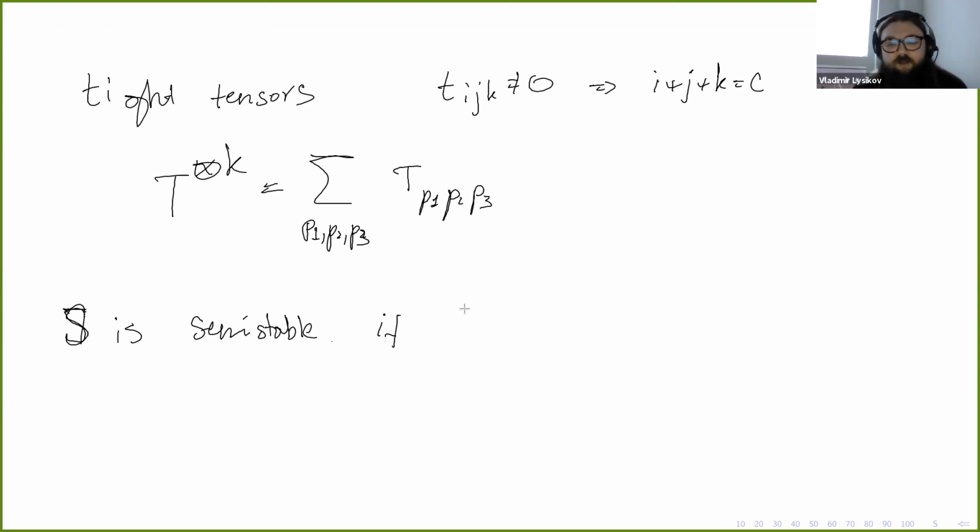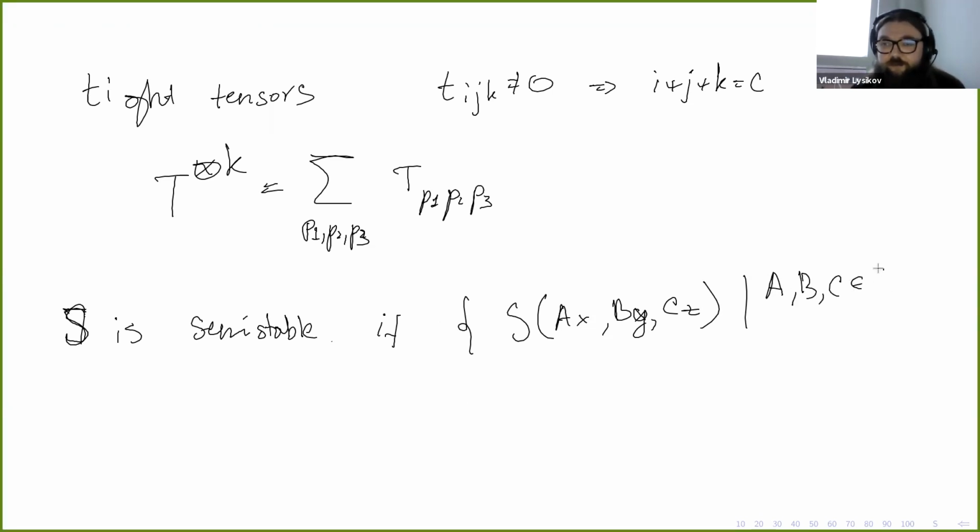Semi-stable. If you look at the orbit of this tensor S, so if we apply all the linear maps, but now we say that these linear maps must have determinant 1, so they lie in the special linear group.